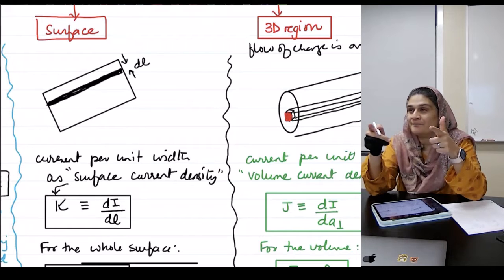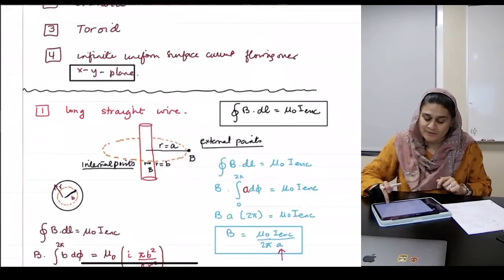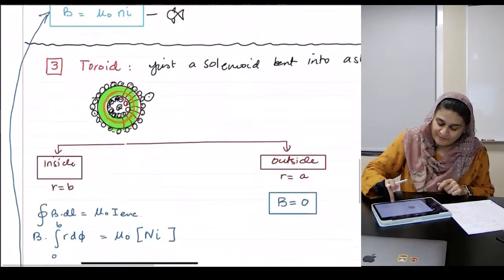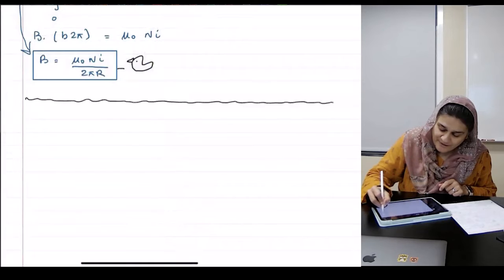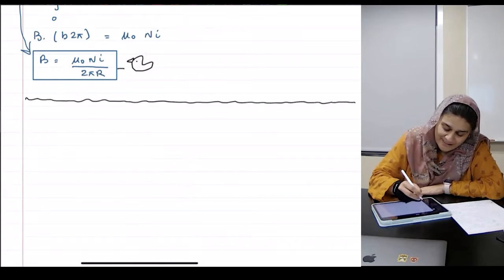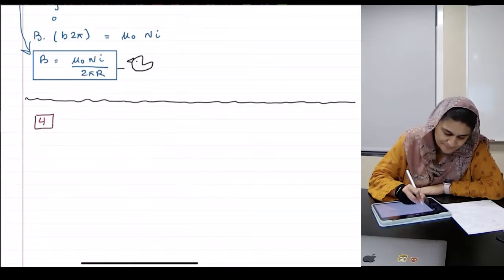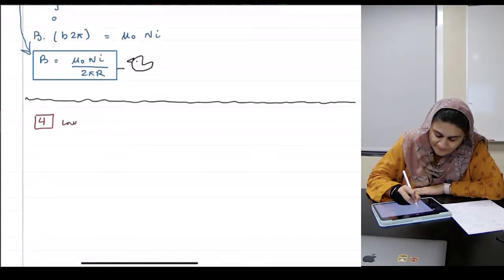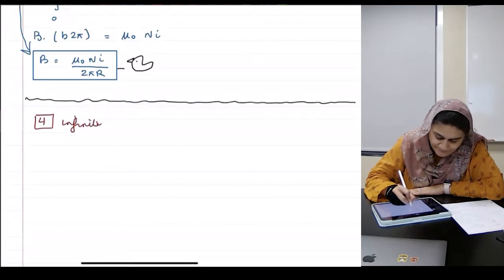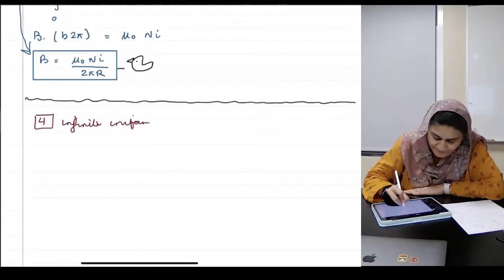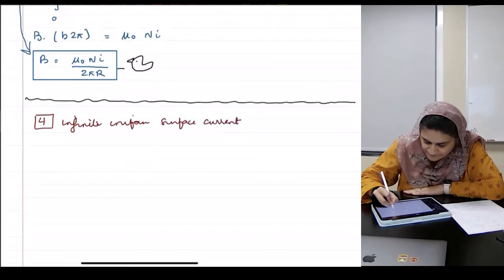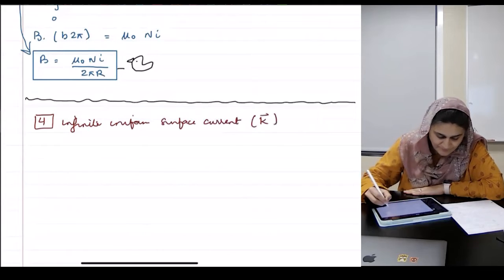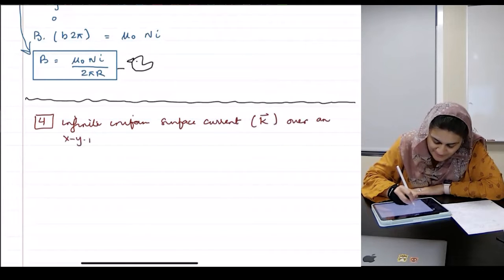We called it a K. So now that I want to do Ampere's law over a surface, may I write this as an infinite uniform surface current K over an XY plane?